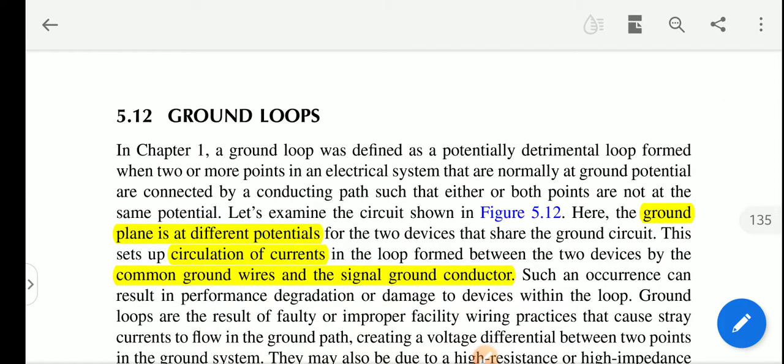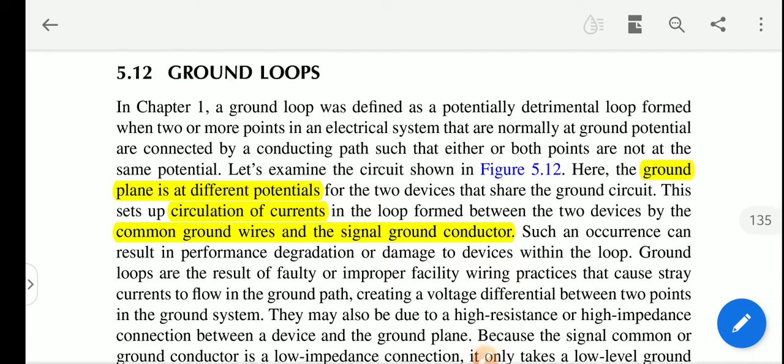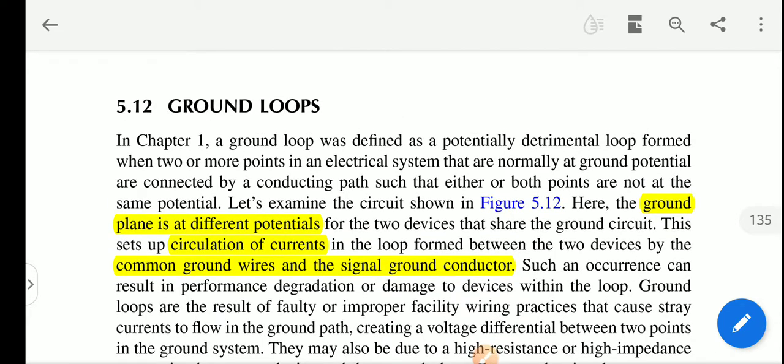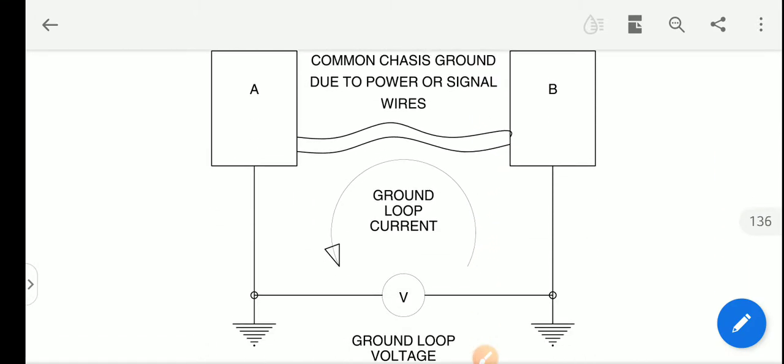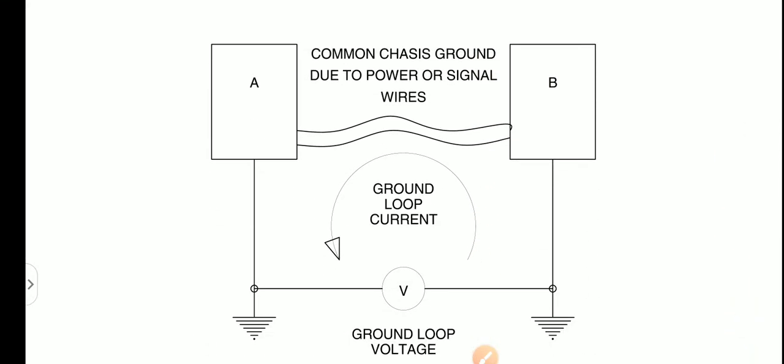Now the next topic is ground loops. Generally, ground loops mean there are loops between two or three grounded systems. Just consider this figure. We have two equipment connected to the ground, and there is one common conductor, or you can say some signal reference, between these two.